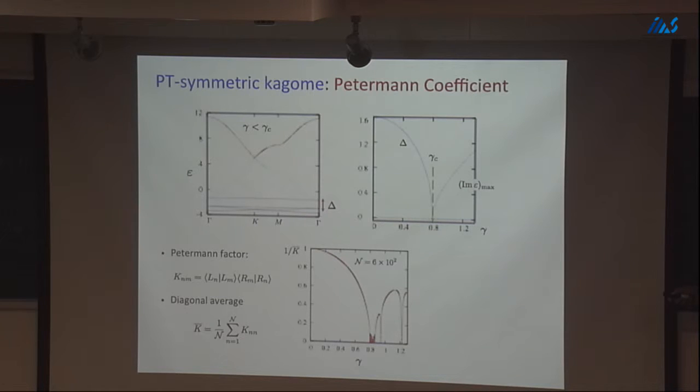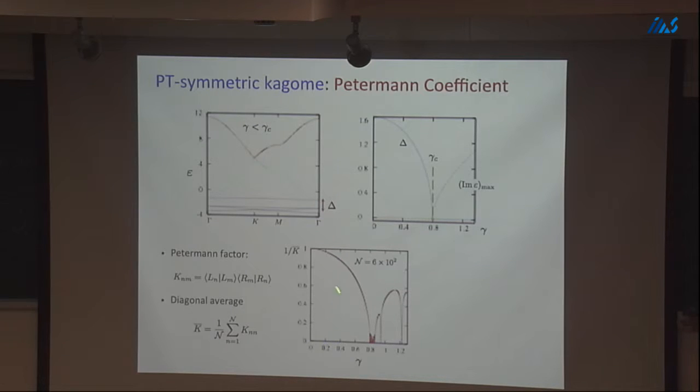If it's 1, that means the eigenstates are exactly orthogonal. If it's more than 1, that shows how much they deviate from orthogonality. So this is 1 over k bar, this Petermann coefficient, and as you increase gamma, you see this goes down from 1 to 0. These are some finite size effects. But anyway, you can see how the orthogonality changes.